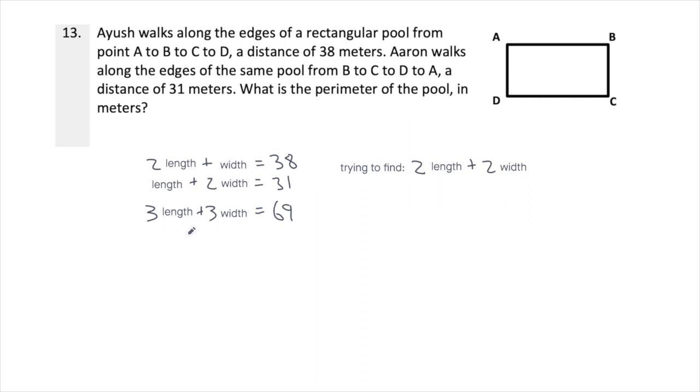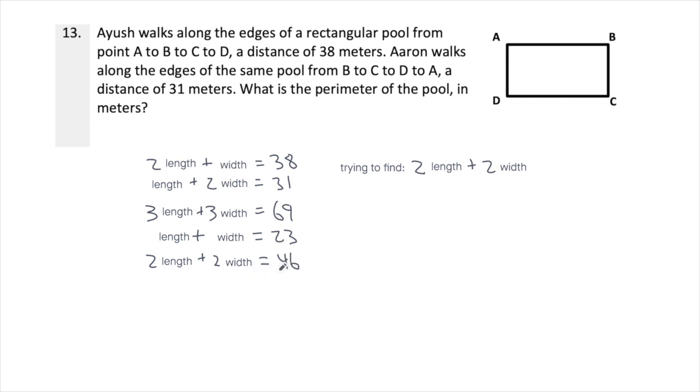So dividing this equation by 3, we get length plus width is equal to 23. Multiplying this equation by 2, we get 2 length plus 2 width is equal to 46. Since we are trying to find 2 length plus 2 width, the answer to this problem is 46.